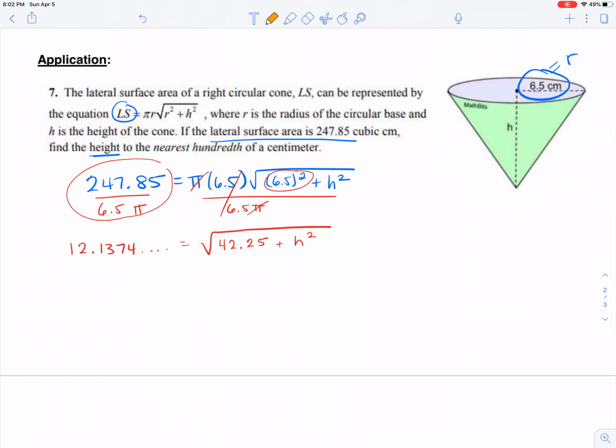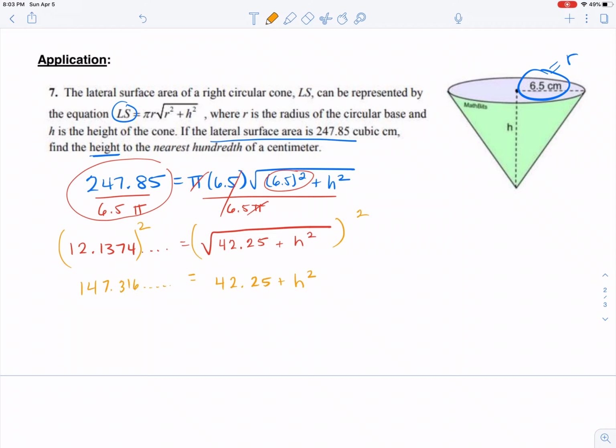Now to get rid of the square root, we need to square both sides. So now I get rid of the square root on the right-hand side. You're going to do a lot more with radical equations next year in Algebra 2. And on the left-hand side, I put into the calculator the letter A squared so that it squared that exact value.